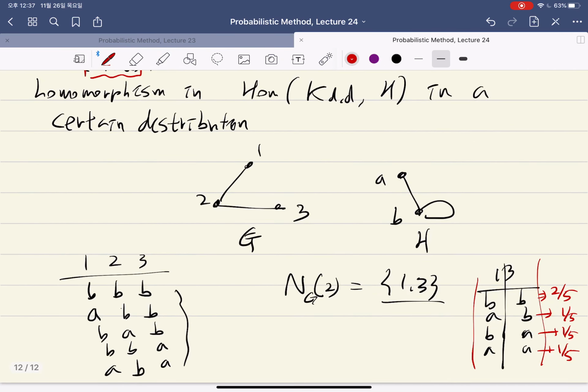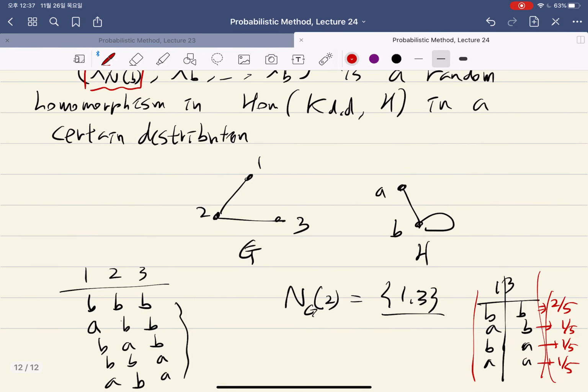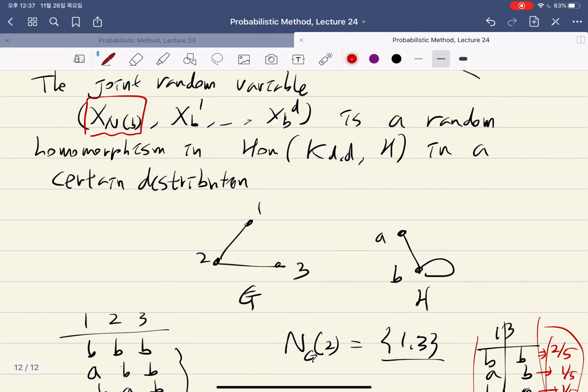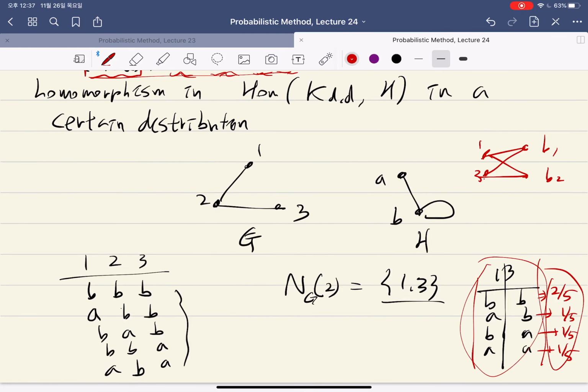So this now has some distribution, and according to that distribution, each of them is identically distributed. If you see 1, 3, then here we have 2, and let's say P1 and P2. According to this distribution, you map them, and then once they are mapped, you decide where the other vertices go.